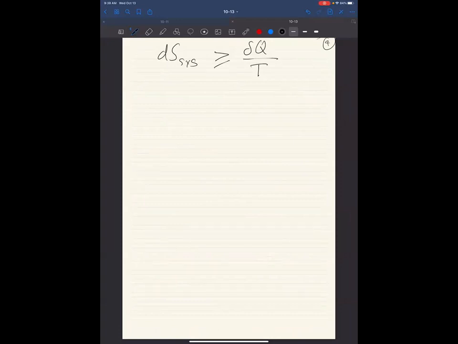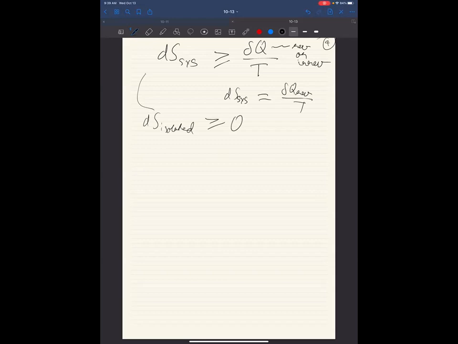But if I do delta Q reversible, then it becomes an equality. So this is for any process, reversible or irreversible, and this gives you a bound on the entropy change in the system.